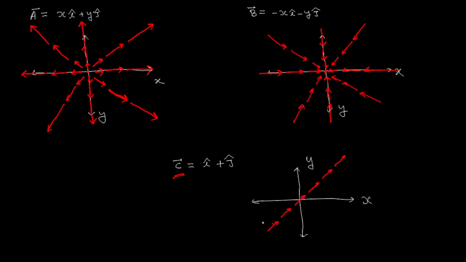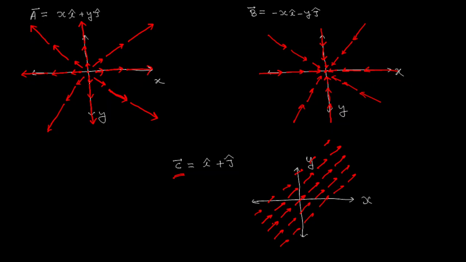Everywhere the magnitude will be the same and the directions will also be the same. So we have considered 3 vectors and we have drawn the vector field associated with each vector in the xy plane.